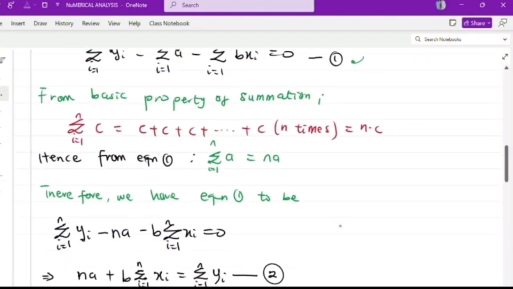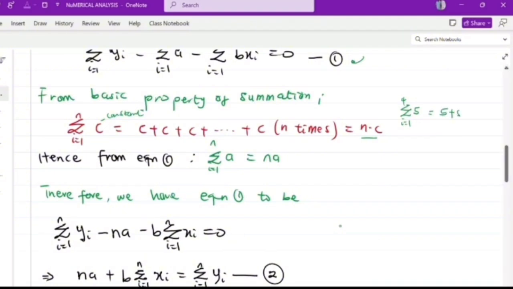Now, from the basic property of summation, if you are to find the summation from i equal to 1 to n of a constant, here our C is a constant, it means you're going to sum the C n times, which is the same as n multiplying C. For example, if we are to find the summation from i equal to 1 to 4 of 5, this means you have to sum 5 how many times? 4 times.